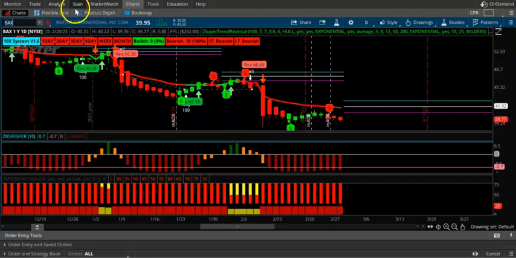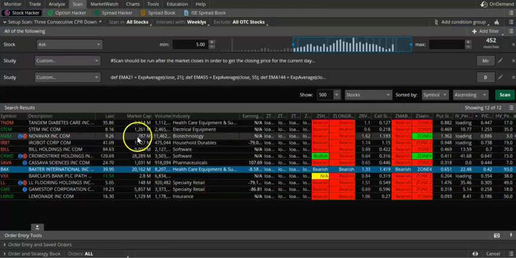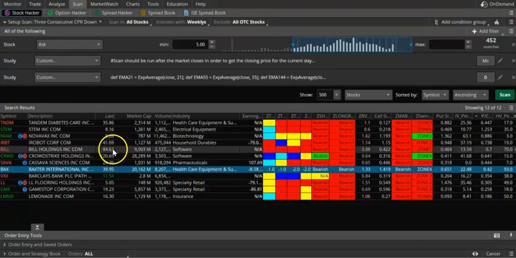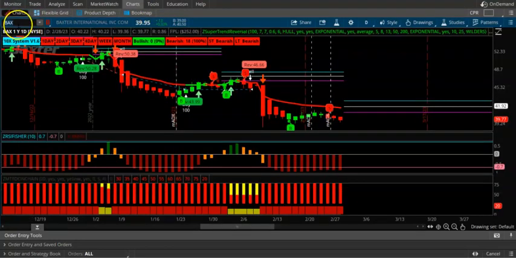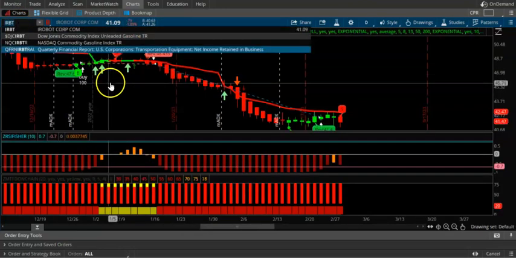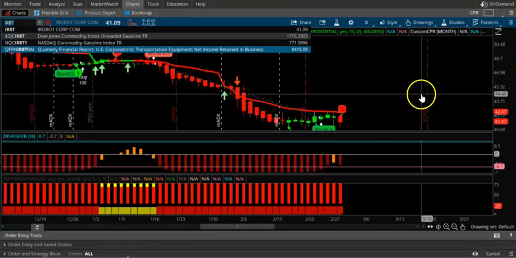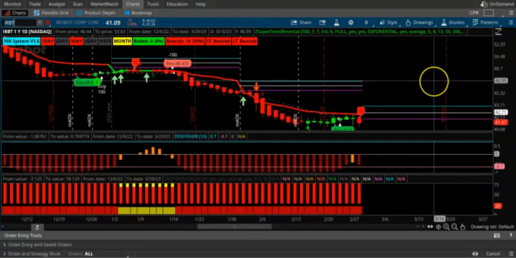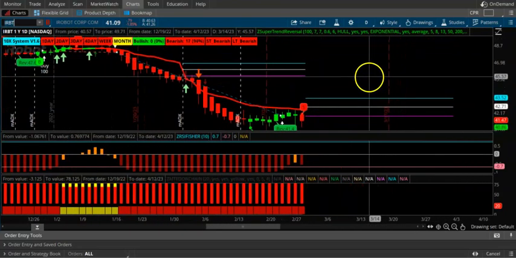Next one, scan, look for price. IRBT. You can see the stock is turning down, constantly turning down.